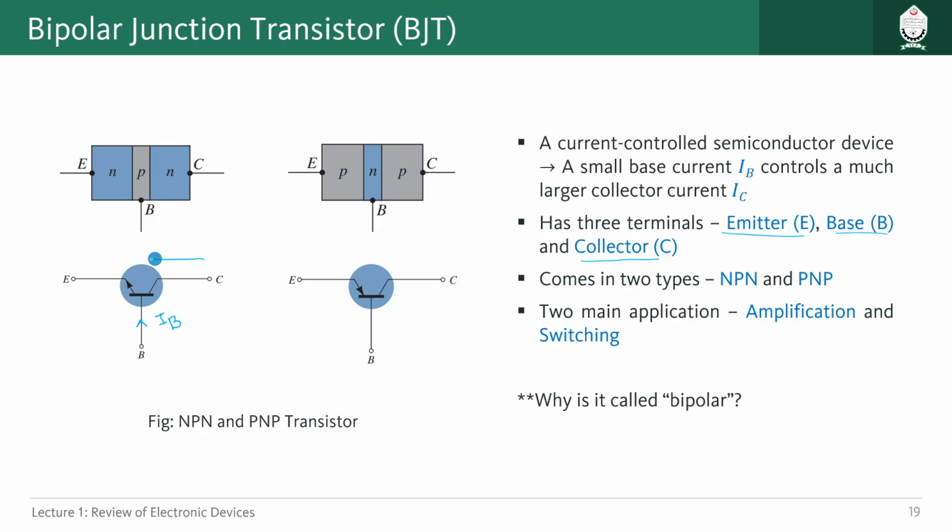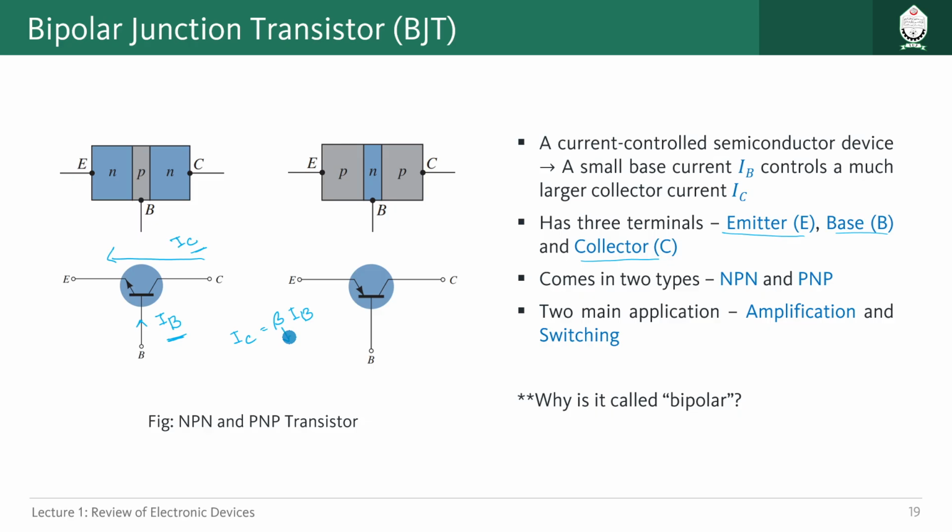Because of that, the current IC will also flow in this path, and this is a current controlled device. That means if you increase the base current, so will IC. The relationship is IC equals beta times IB, and the value of beta is very high, so there is a kind of amplification happening.